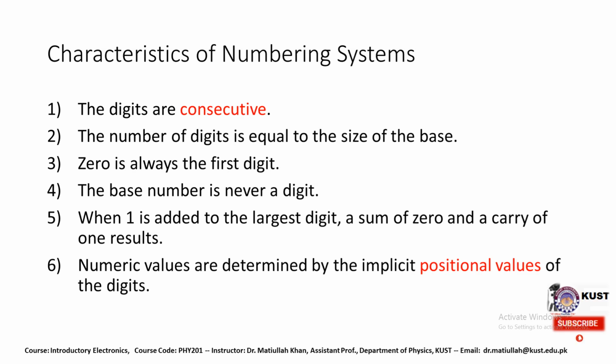In different number systems we have different arithmetics, just like addition, subtraction, multiplication. So there are some rules for that. When 1 is added to the largest digit, a sum of 0 and a carry of 1 results. Numeric values are determined by the implicit positional values of the digits. So this is what we will learn from the number system mathematics.